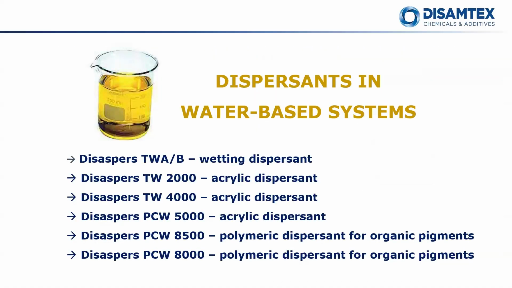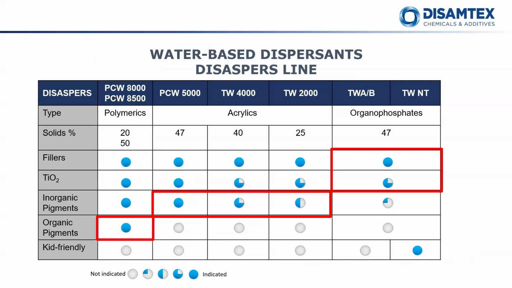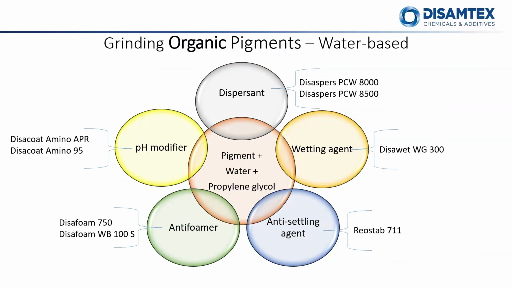These are for water-based systems. I tell you the most popular one is currently PCW 8500. Again, a subdivision of Disamtex products according to what the dispersants are usually for and their chemical nature basis, highlighting how they perform best. This is the type of presentation Disamtex gives to those willing to grind organic pigments in water-based systems.